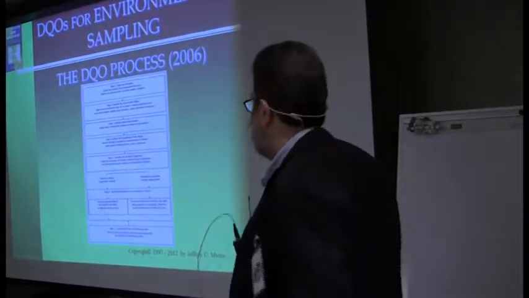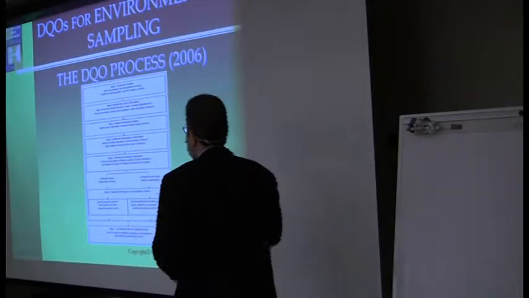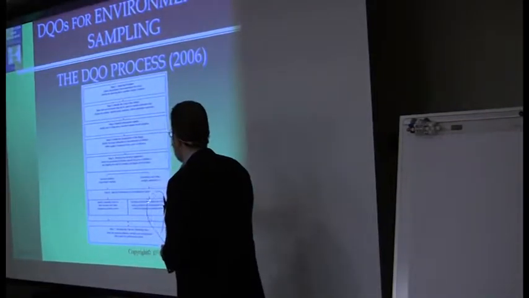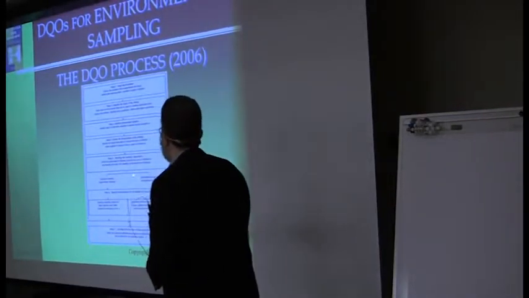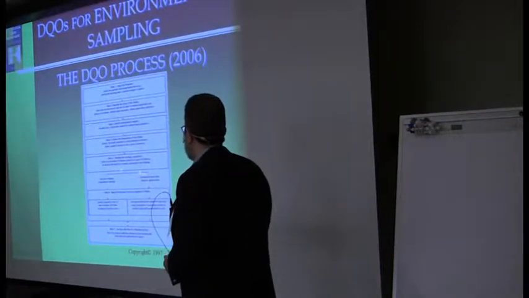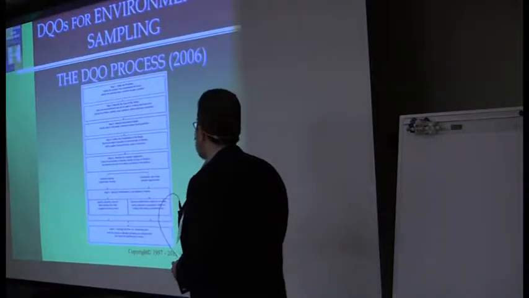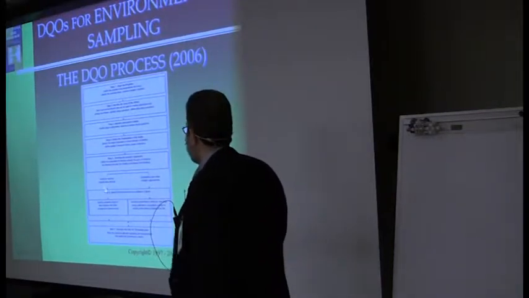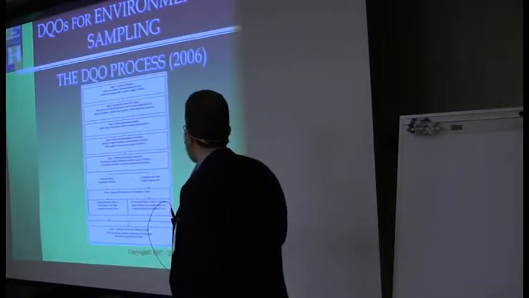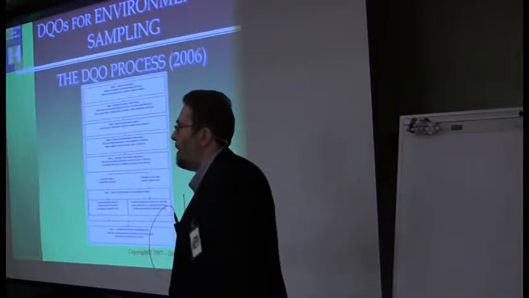This is probably only hard for me to see, but these are the same DQO steps, 1 through 7. Now, they've added sort of a branch here where decision making can be along a statistical line or it can be along an estimation line.